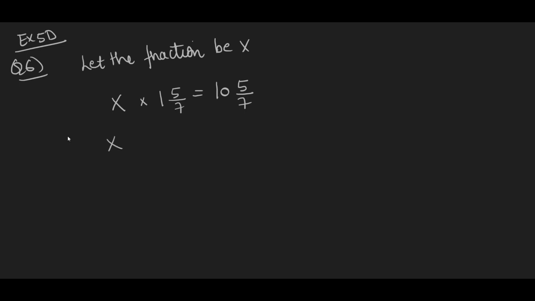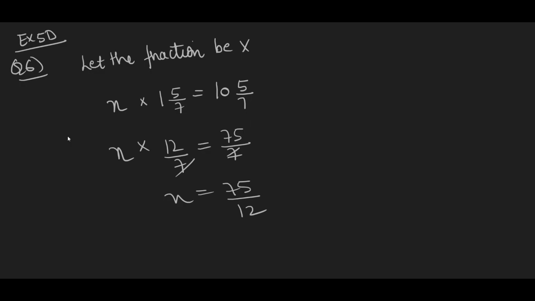So first you will convert this into a improper fraction. x into 7 1 is 7 plus 5 is 12 upon 7, equals 7 10 is 70 plus 5, 75 upon 7. You have the same denominator here. This will be cancelled. So this will be x equals 75 upon 12. So you can use 3 2s are 6, 3 5s are 15, 3 4s are 12. So x equals 25 upon 4. So 25 upon 4 is the required fraction, children.